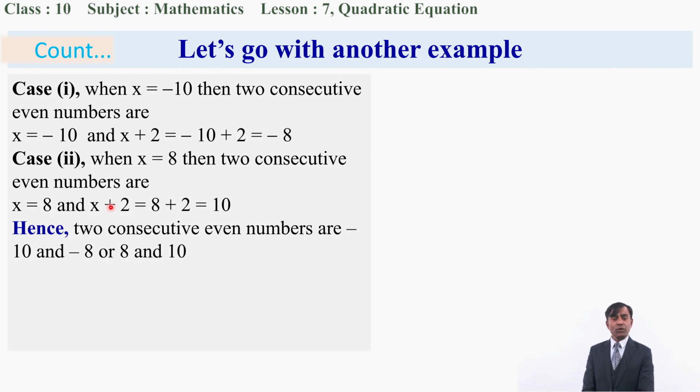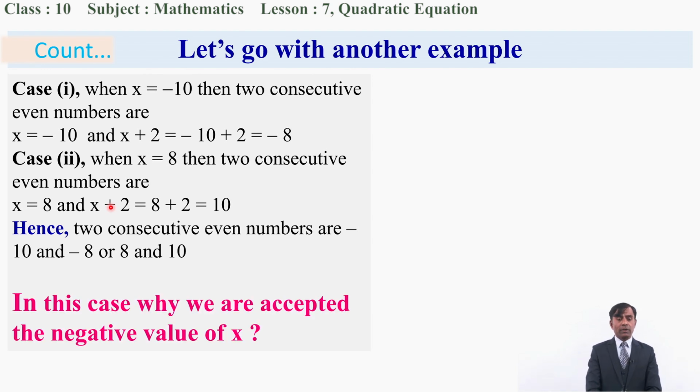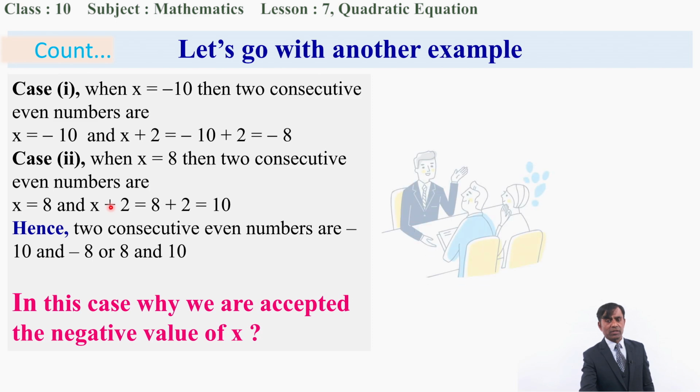So the two consecutive even numbers are minus 10 and minus 8, or 8 and 10. Why did we accept the negative value of x? Because the question says find the numbers, which may be negative or positive, so both values are accepted.